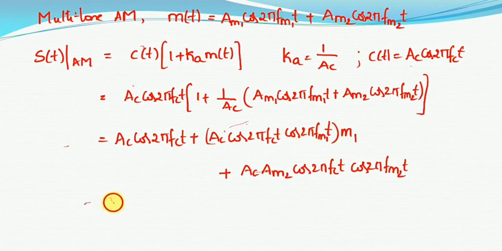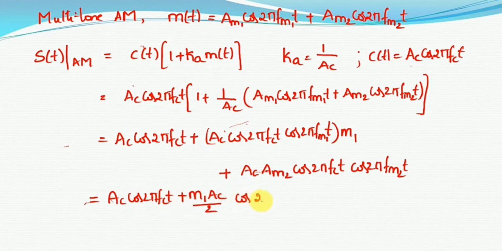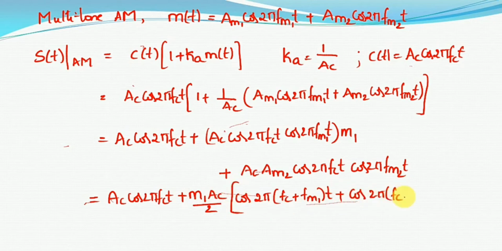By using the trigonometry equation, we finally get Ac cos 2 pi fc t plus m1 Ac by 2 into [cos 2 pi (fc plus fm1) t plus cos 2 pi (fc minus fm1) t].